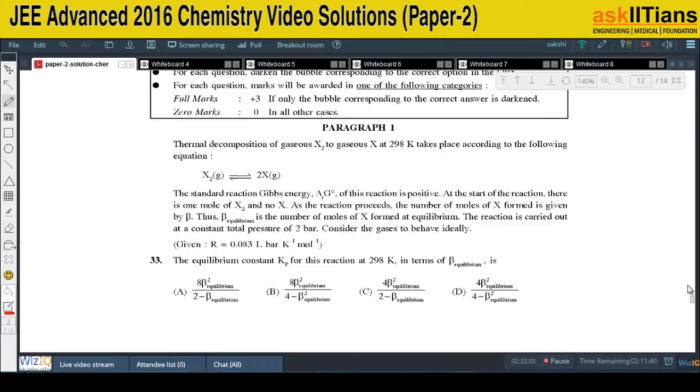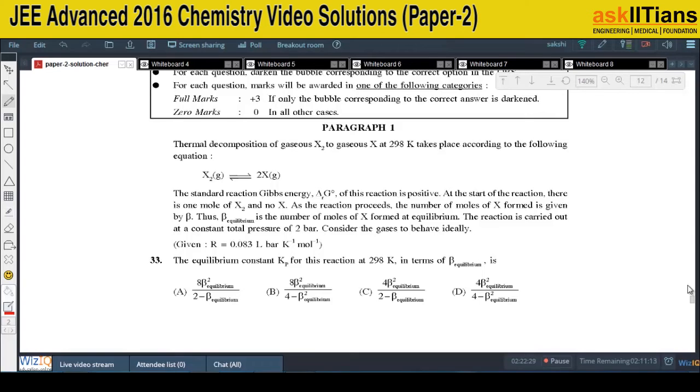Now let us first of all read paragraph 1. It says that the thermal decomposition of gaseous X2 to gaseous X at 298 Kelvin takes place according to the following equation. X2 in the gaseous state is going to form 2X in the gaseous state. The standard Gibbs energy, delta G naught of the reaction, has been given to us as positive.